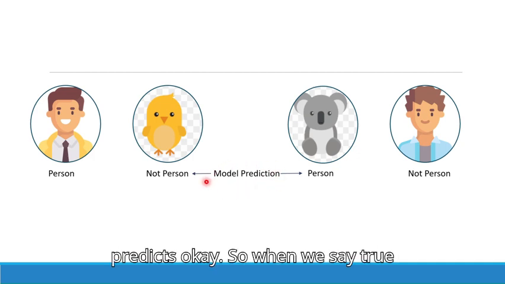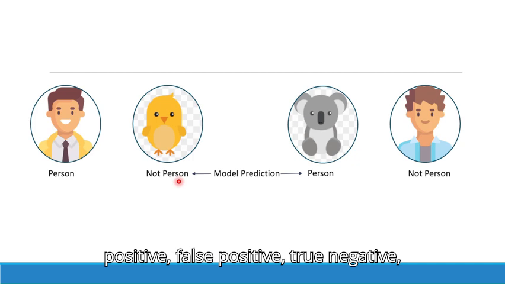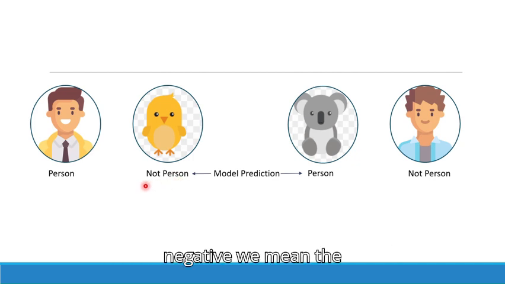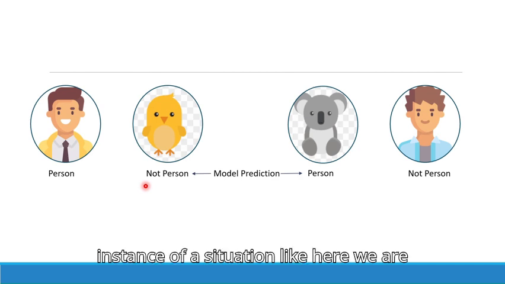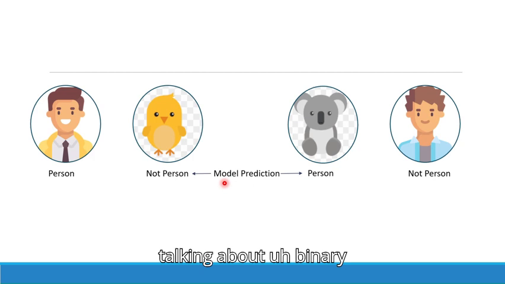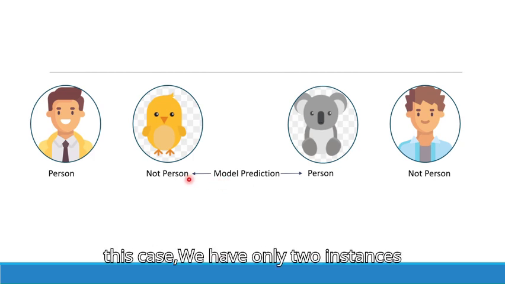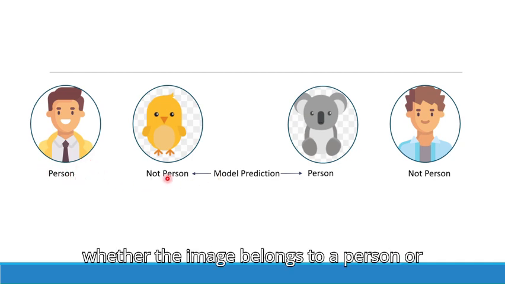Okay. So when we say true positive, true negative, false positive, false negative, the word negative, we mean the instance of a situation. Like here we are talking about a binary classification model. For example, in this case, we have only two instances, whether the image belongs to a person or not a person.